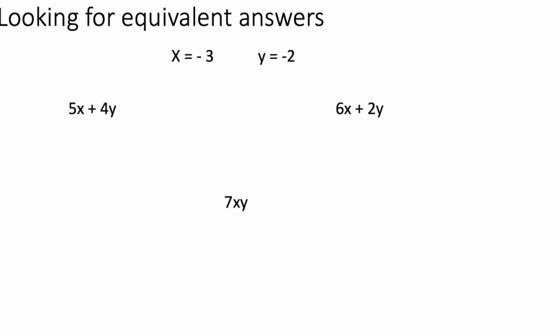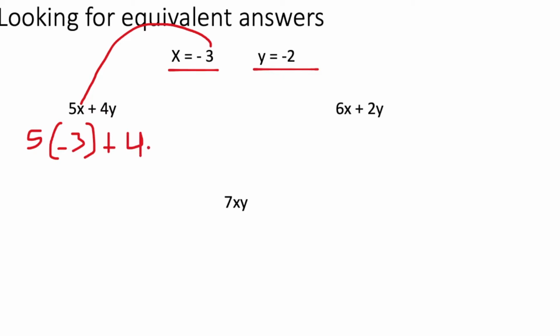All right, so if we're looking for equivalent answers here, I'm going to solve these by putting x in for each one. X is going to be minus 3 for each one, and y is going to be minus 2, and I'll start over here. So I have 5 times minus 3, and plus 4 times y, and y is going to be minus 2.